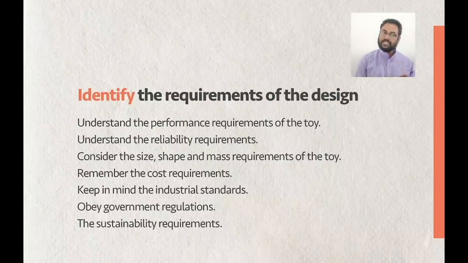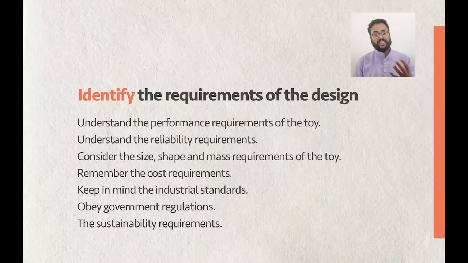The material selected needs to be strong enough to withstand the performance parameters. Understand the reliability requirements. Consider the size, shape and mass requirements of the toy. If the material selected does not comply with any of the stated parameters, you need to rethink the choice of material.